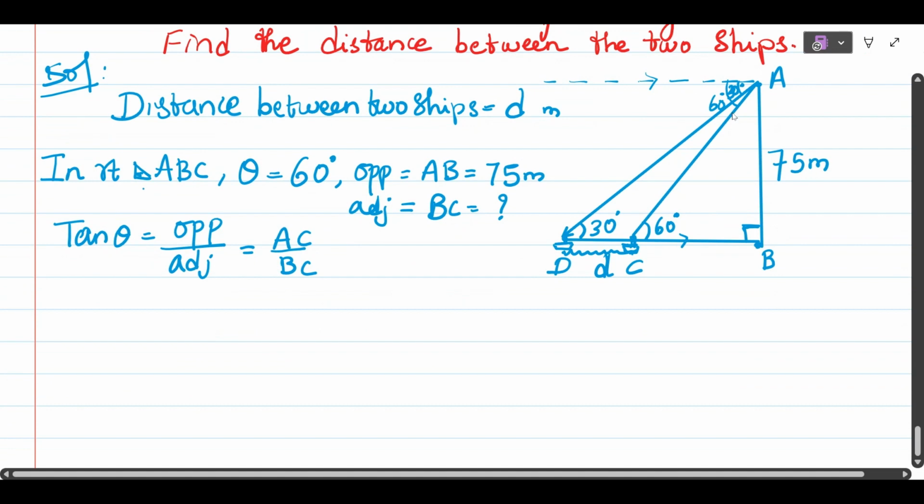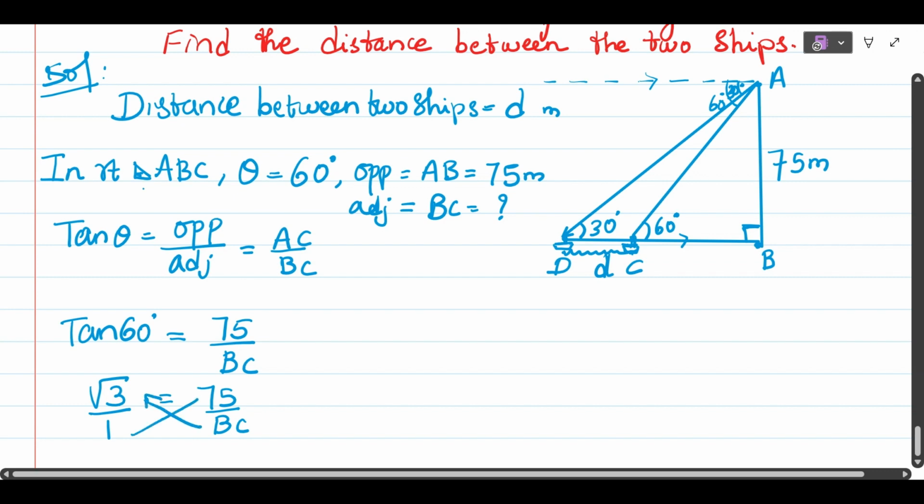So tan 60 degrees will be equal to AB, that is 75, by BC. Okay, students, you know that the value of tan 60 is root 3. That is equal to 75 by BC. Root 3 can be written in the form of a fraction, root 3 by 1, and you can do cross multiplication here in order to get the value of BC.